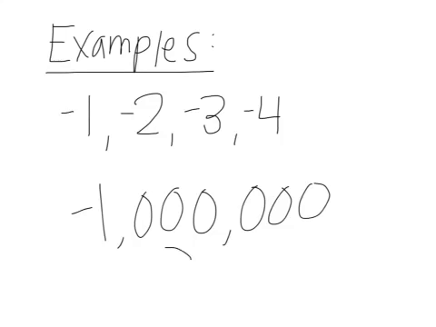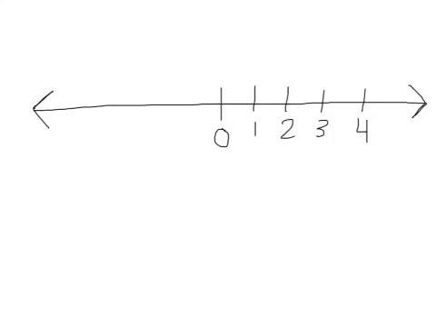Also remember that 0 is an integer. You've all seen a normal number line with positive numbers. Numbers that are positive go that way. When we start doing negative integers, we have to work backwards, like this.